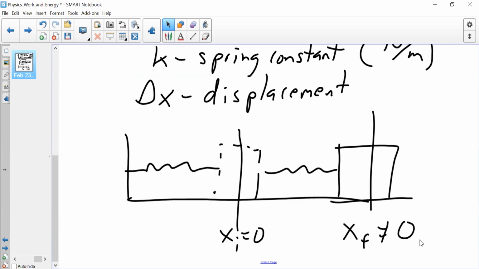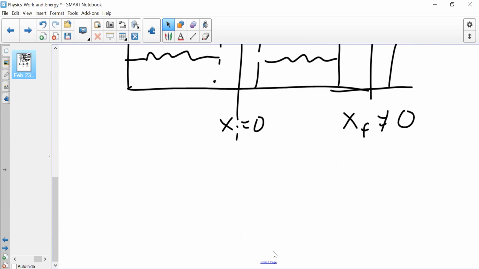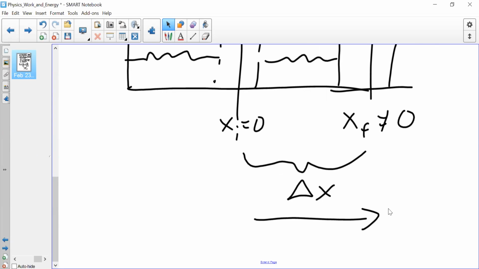Something that could be 5, could be 10, could be 100, doesn't matter, it's not 0. So this distance between this initial position, Xi equals 0, and X final is of course your displacement, okay? With respect to this picture, if you go to the right, it's stretching it. And then if you go backwards to 0, it's compressing it.